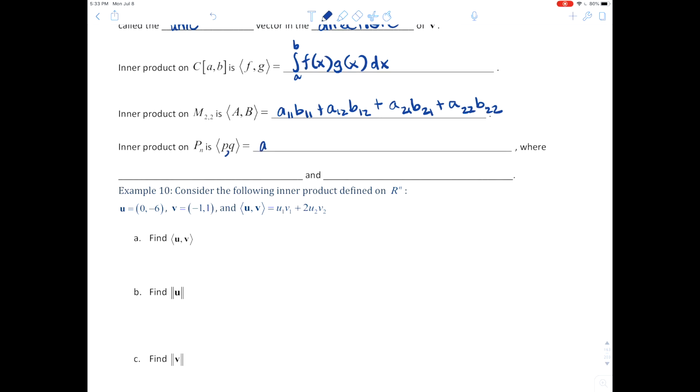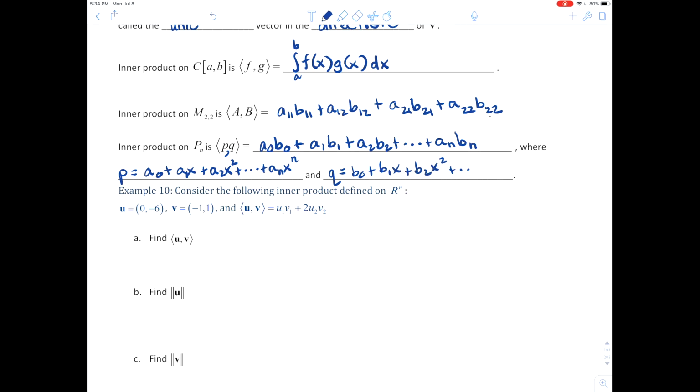And you end up getting A0 times B0 plus A1 times B1 plus A2 times B2 plus ... plus AN times BN, where P equals A0 plus A1x plus A2x squared plus ... plus ANx to the N, and Q equals B0 plus B1x plus B2x squared plus ... plus BNx to the N.